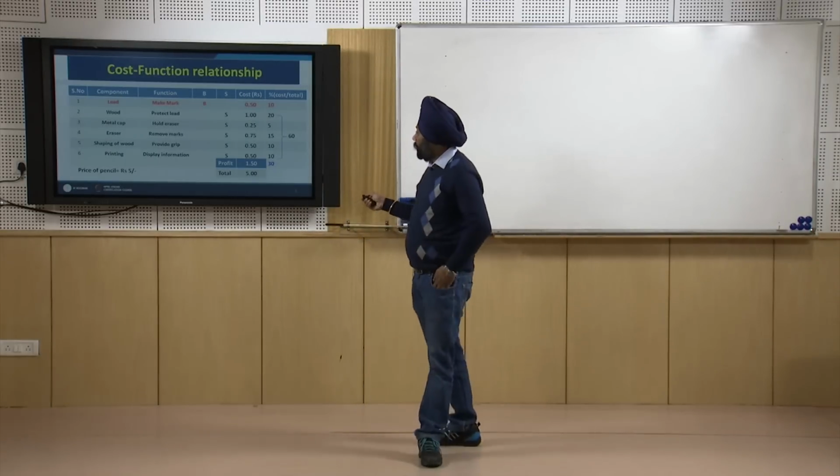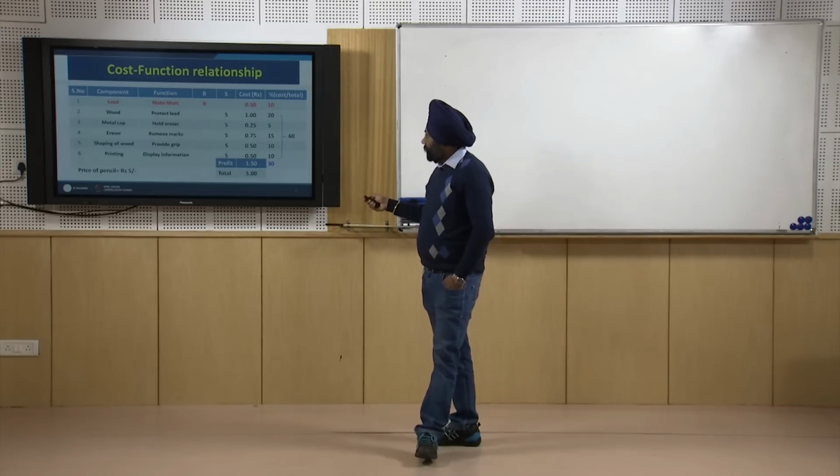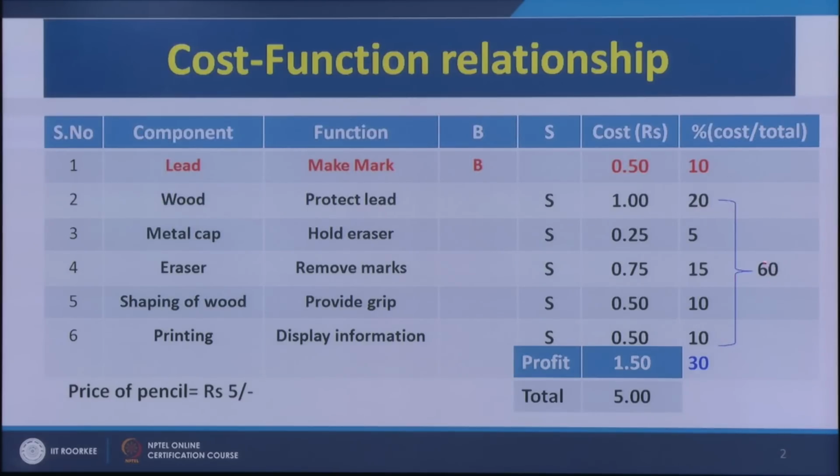Our focus should be this cost that is going. This cost is the total price that the person is paying. A person is paying rupees 5 to buy this pencil, out of which 1.5 goes to the seller or the retailer, and 60% cost goes in this material, and only 10% is satisfying the basic or primary function of the pencil.